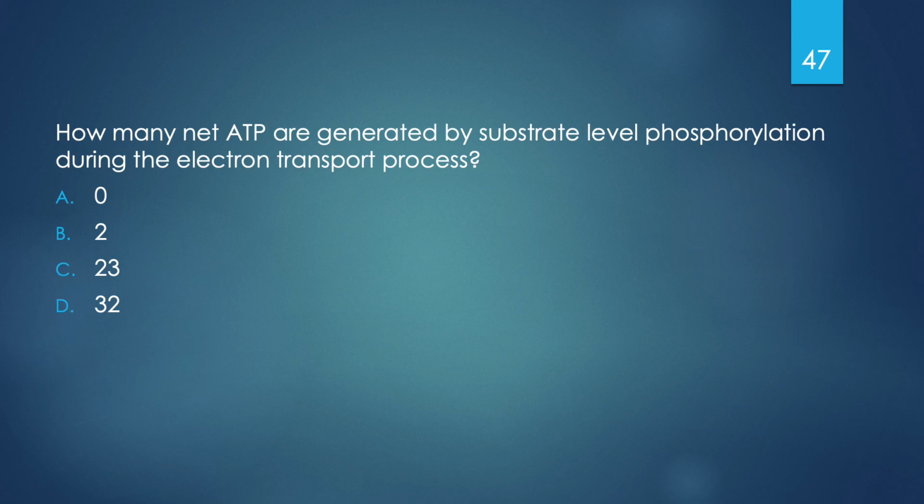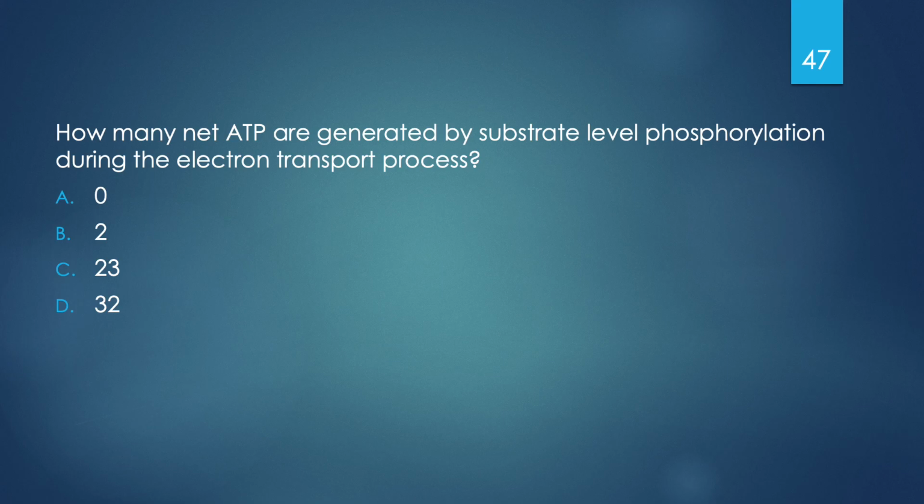How many net ATP are generated by substrate level phosphorylation during the electron transport process? A, 0, B, 2, C, 23, or D, 32? Well, we're discussing here only the electron transport process, which is the component of the whole process of breaking down one glucose molecule that will create the most.